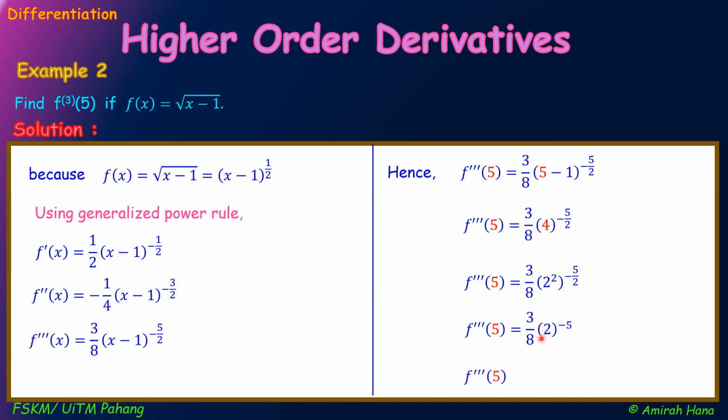After that, we get f triple prime 5 equals 3 over 8 times 1 over 2 to the power of positive 5, which equals 3 over 256. This is the answer when we find f triple prime 5 for f(x) equals the square root of x minus 1.